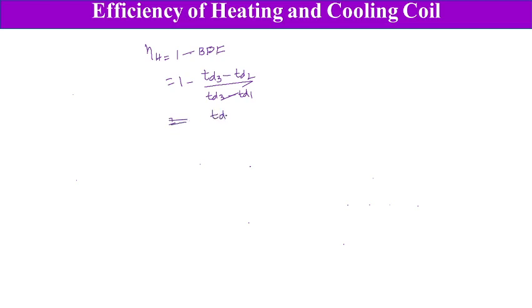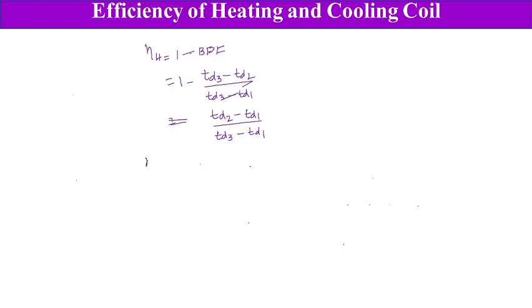On simplification, this efficiency of heating coil works out to be TD2 minus TD1 whole divided by TD3 minus TD1. So this is the efficiency of heating coil.